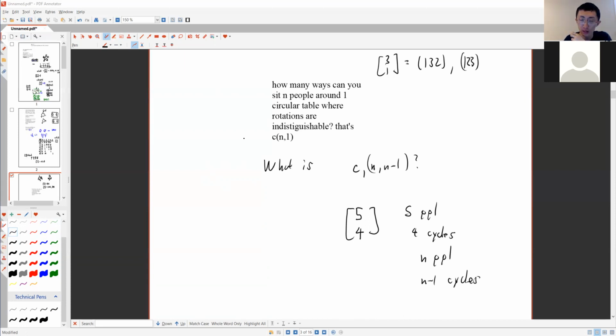If we do a smaller example, how many ways can I put 4 people in 3 cycles? It would have to look like this, right? C maps to itself, D maps to itself, and then A and B swap with each other.